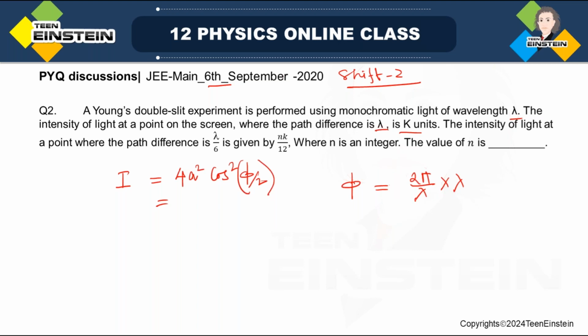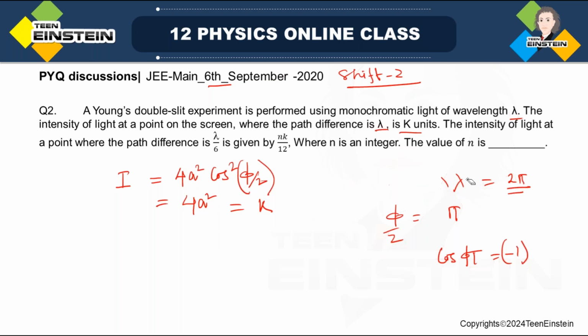So this will give you phase 2 pi, and 2 pi by 2 is pi. Cos pi means minus 1, and the square of that will give you the maximum one. Okay, so maximum value is 4a square. So this is given as k units.